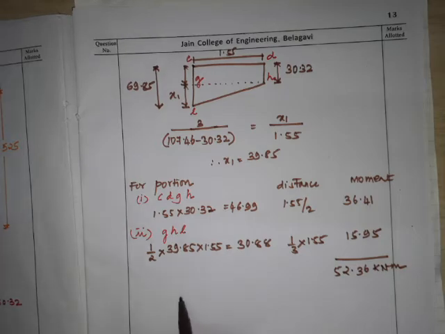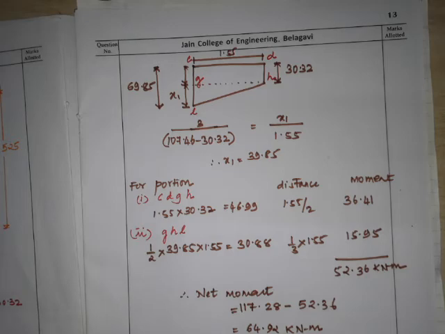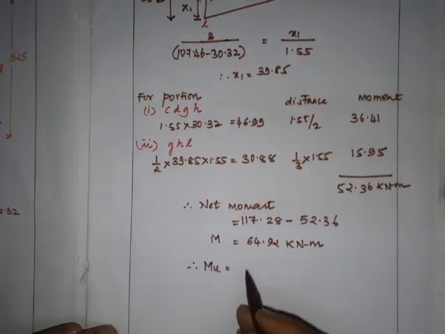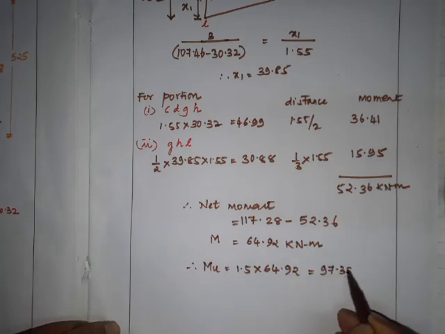Okay, so therefore net moment is equal to 117.28 minus the deduction 52.36 is equal to 64.92 kilonewton meter, which is nothing but M. So therefore the factored bending moment Mu is equal to 1.5 times 64.92, so we get this as 97.38 kilonewton meter.